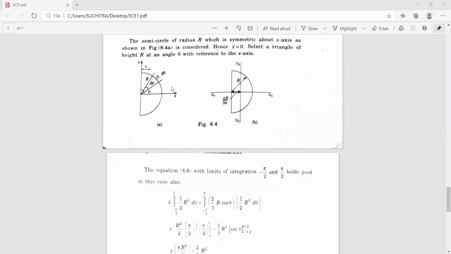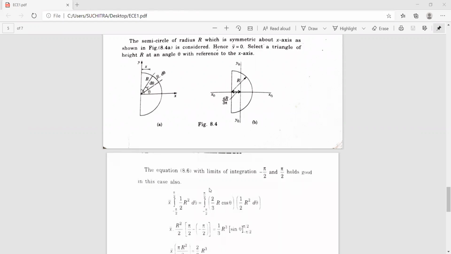So now we know the equation ax bar is equal to integral of x dA. You take x bar outside, and the elemental area dA is equal to half r square d theta, and the limits of integration are minus pi by 2 to plus pi by 2.